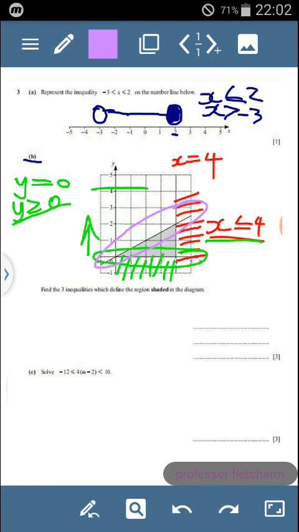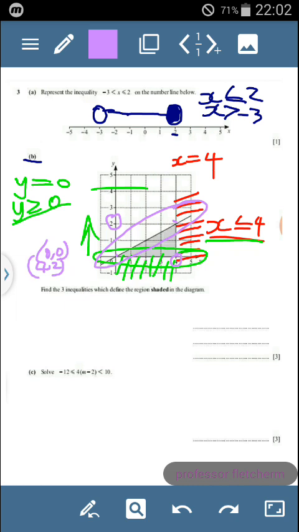We need our gradient, so we need points first. We're going to take this point, that's point 0, 0. And then we are going to take that point xy, that's 4 on the x-axis and 2 on the y-axis. So it's 4, 2.